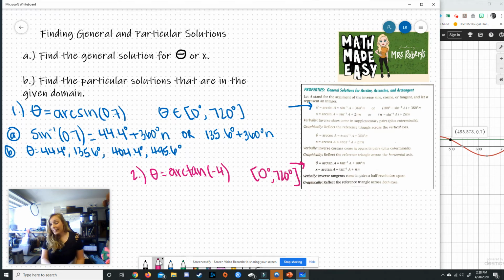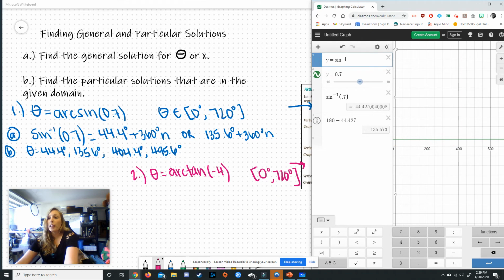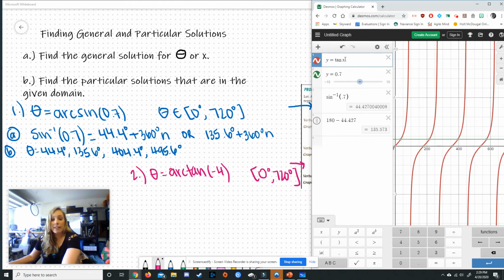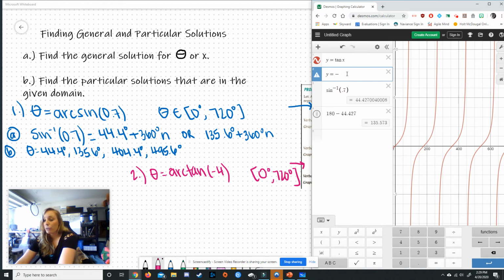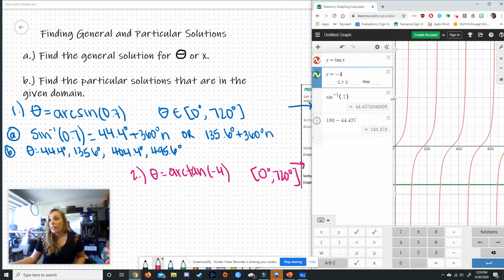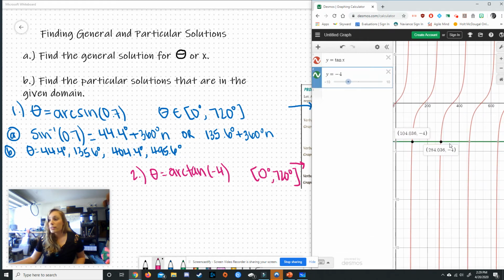So if you want to analyze this first, you could go over to Desmos. And because we're doing an arctangent, go ahead and make your first equation tangent of x. And then what we know is that tangent of x equals -4. I'll exit out of these ones because that was for the last problem. Now, anywhere these cross are particular solutions.